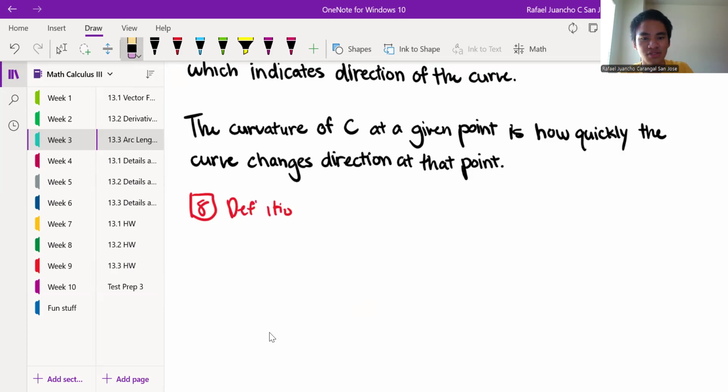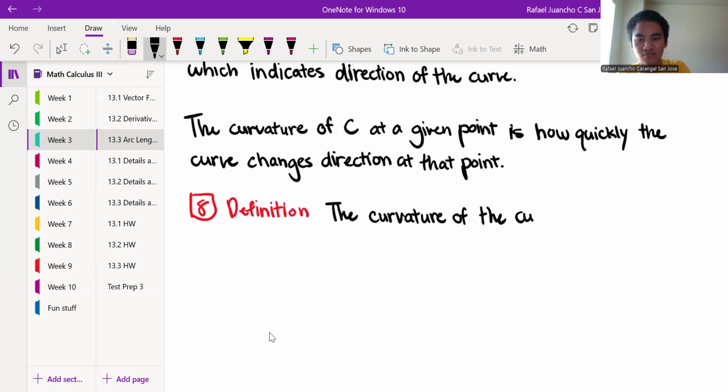Definition. So we're saying that the curvature of the curve is as follows. So kappa for curvature, it's like a small k.